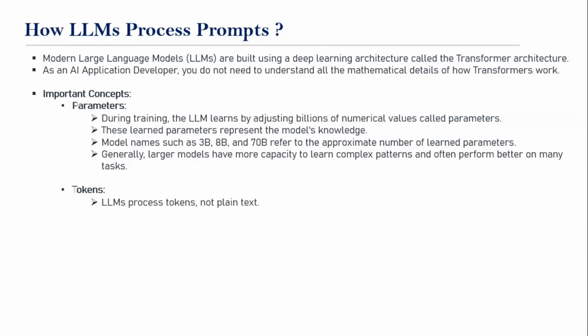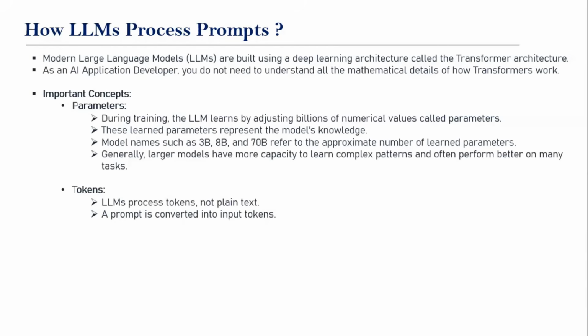See, LLMs process tokens, not plain text. If you remember, from the AI application, we are sending our request as a prompt to the LLM, but that is text. But actually, the LLM core part cannot understand plain text. Instead, it understands and processes tokens. So that's why inside the LLM, a prompt is converted into input tokens.